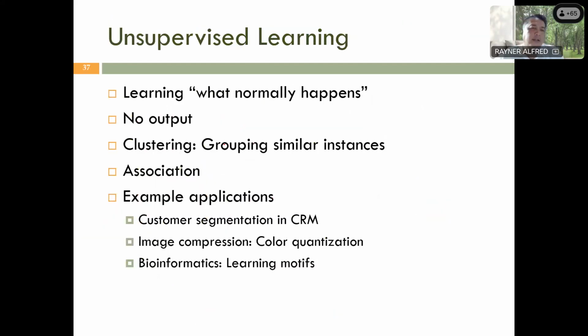For unsupervised learning, we normally group them. We do not have any label. We can use association rules in order to extract the patterns that we have. An example of application could be customer segmentation.